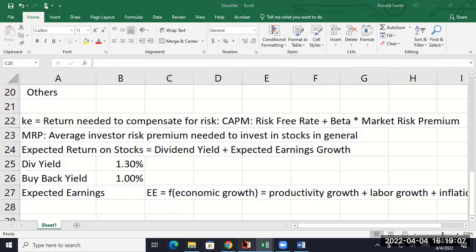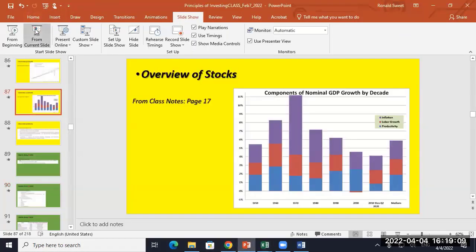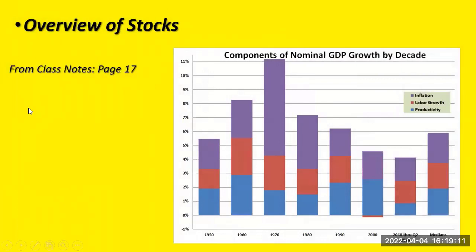And so then we have this chart that we used early in the semester, which showed you those components of economic growth back to the 50s. And productivity has been ranging anywhere from 1.5% to 2.5%, maybe up to 3%. The median's 2%. What do you expect productivity to be going forward?